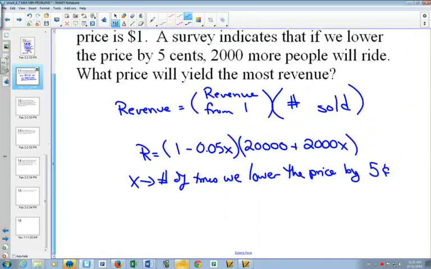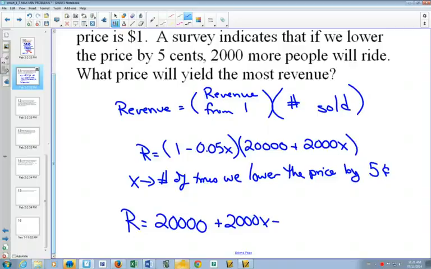So now we can go ahead and actually complete the square. We're going to FOIL this out. 20,000 plus 2,000x minus 1,000x. Has someone done this already? Minus 100x squared.